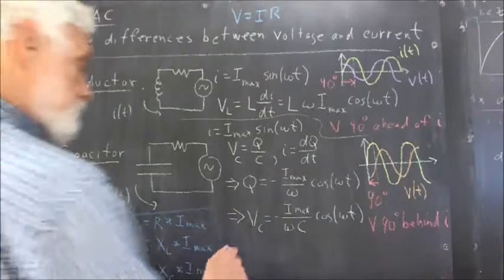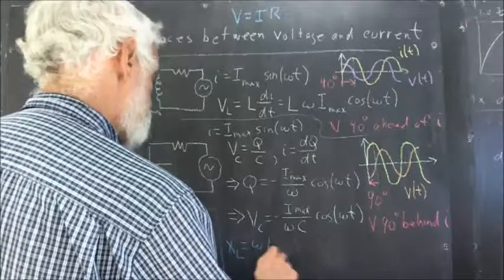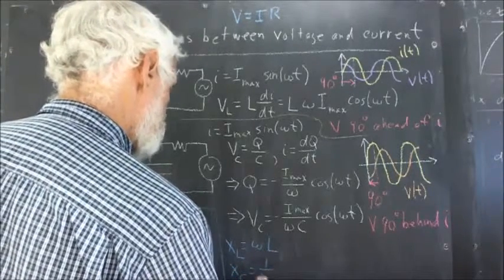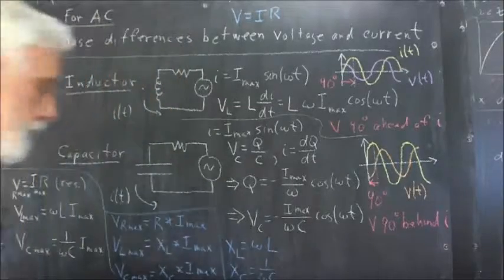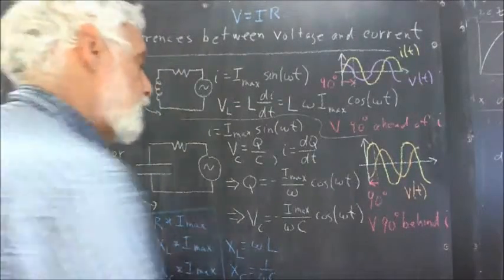So we can also write X sub L equals omega L, and X sub C equals 1 over omega C. Okay, these are called reactances.